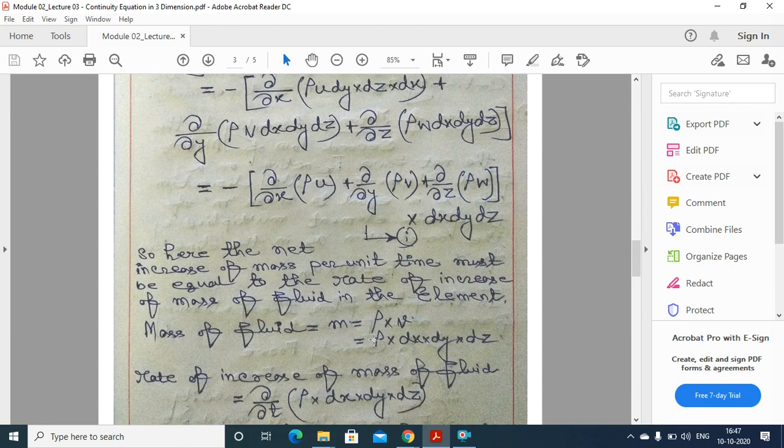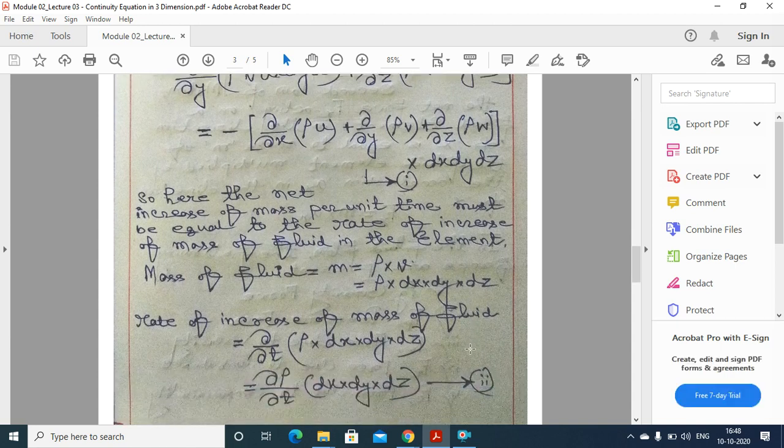The mass of fluid will be m, so m will be rho into v, that is rho into dx into dy into dz, because in this element the rate of increase of mass per unit time should be equal to the rate of increase of mass of fluid in the element.